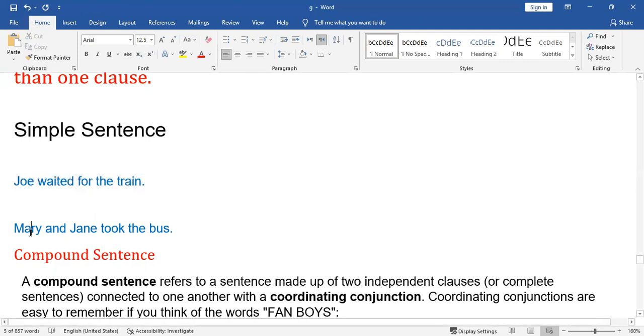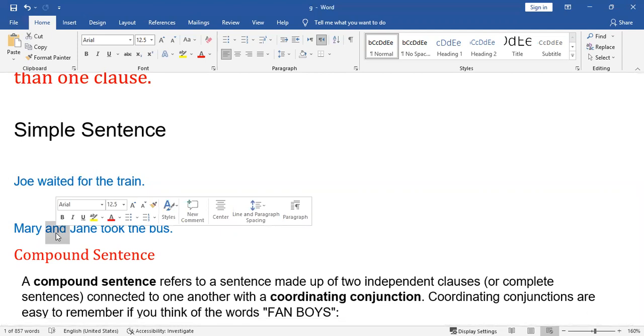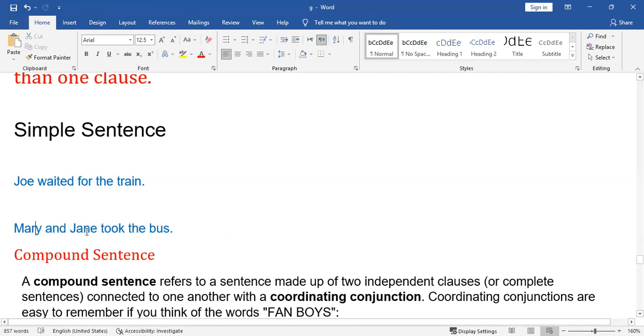ما فيهاش غير clause واحدة independent clause. طيب لما أقول هنا Mary and Jane took the bus. اوعك يغرك ان في هنا and وتقول ان دي compound sentence. لا الcompound sentence لازم تربط ما بين two clauses مش two nouns. فهنا Mary and Jane ده بنسميه compound subject. خلاص it's compound subject.